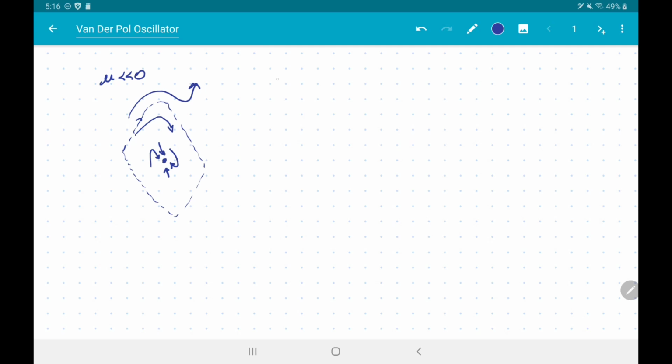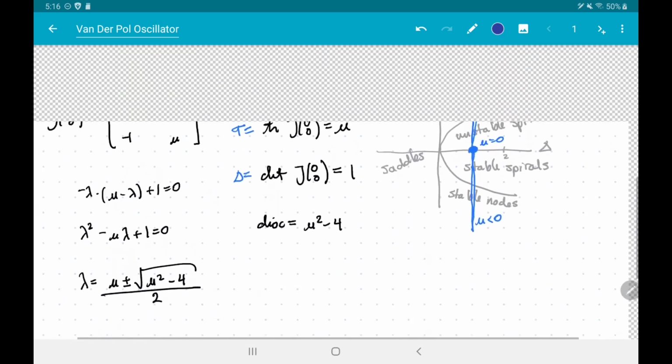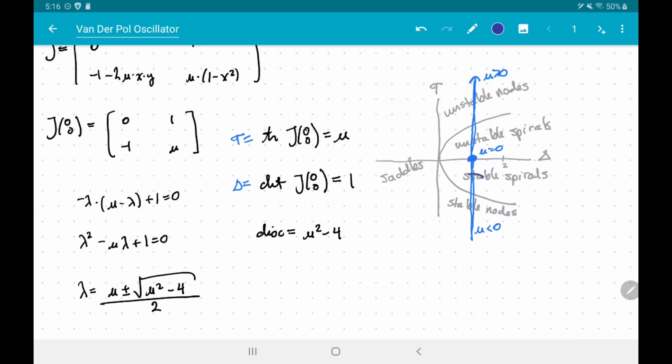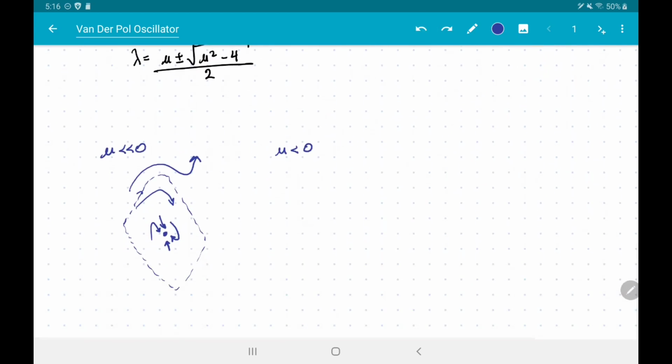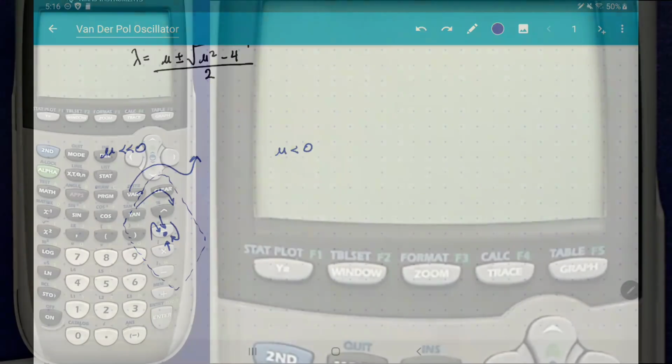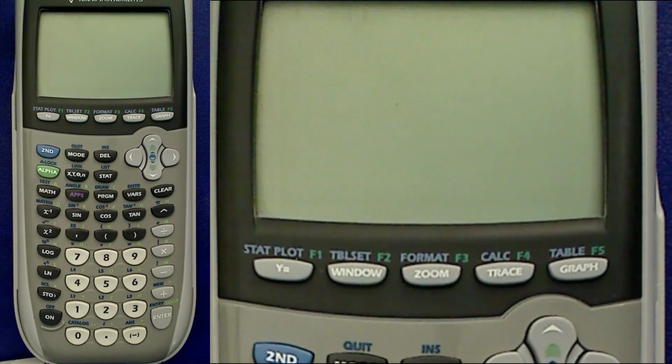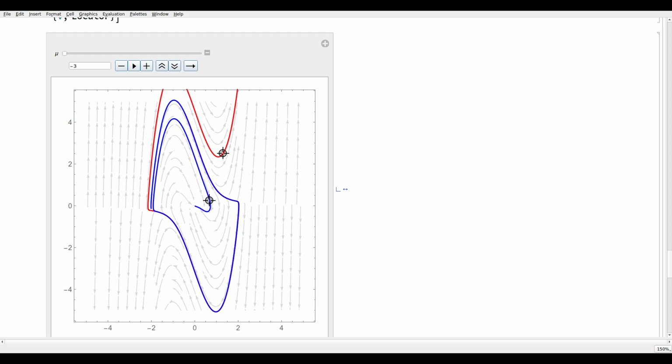Okay, so for mu a little bit less than 0, we should be able to capture this behavior. So that's a stable spiral. So for that, I'm going to move mu up to -1.